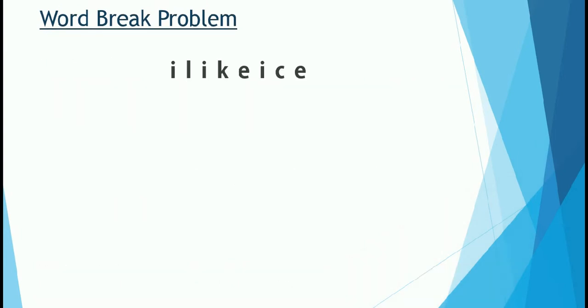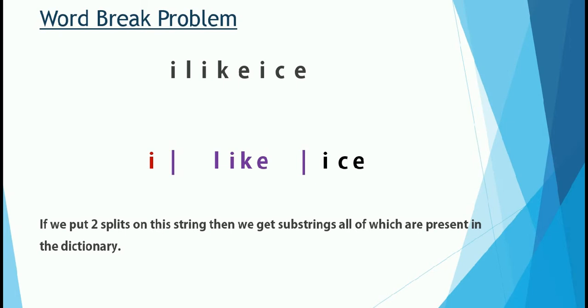So as you can see, this is our string ILIKEICE. If I put a split after I and another split after LIKE, then I get three words which are I, like, eyes. Okay, and these three words are present in our dictionary.